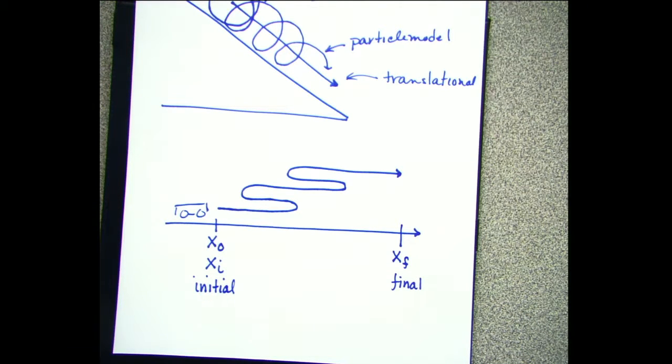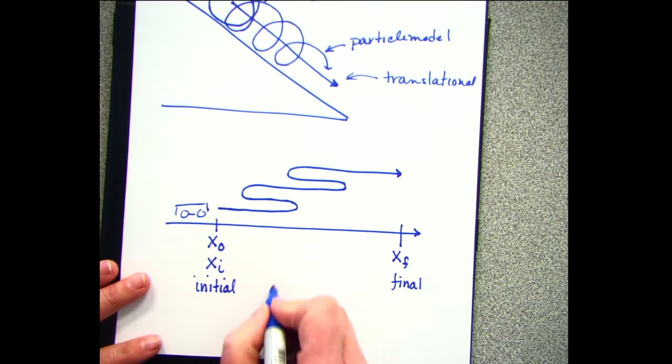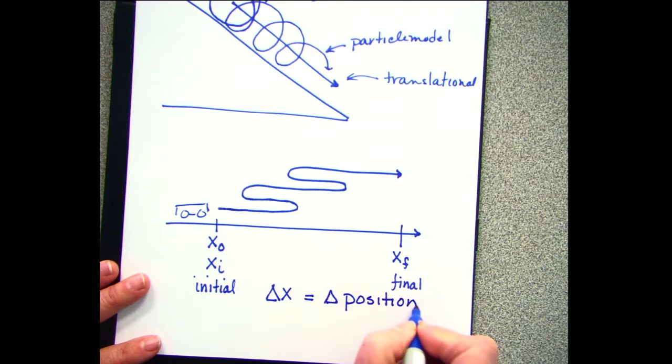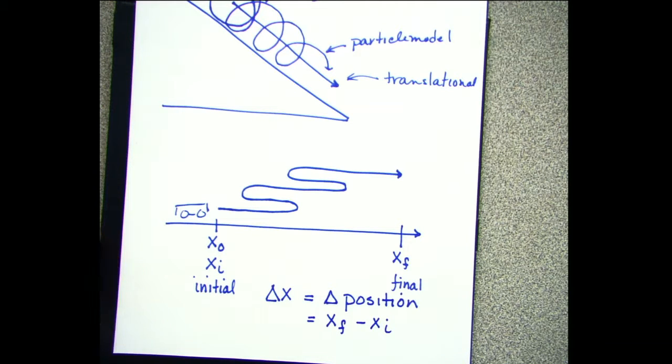Now my motion has done one of two things. I can look at what we refer to as the change in position, with my delta there. My change in position is just my final minus my initial. So that's one thing that I can represent.